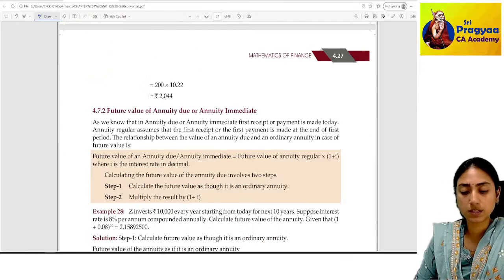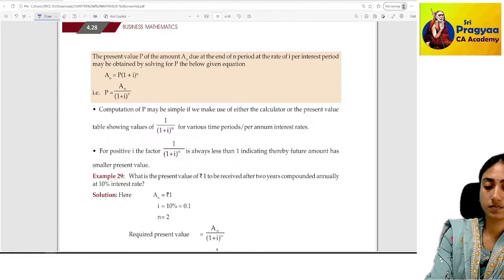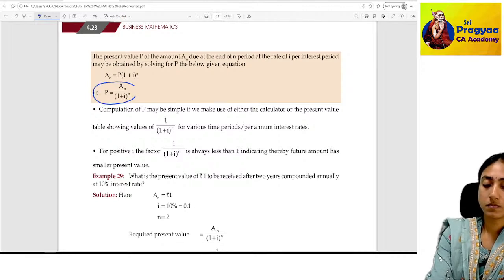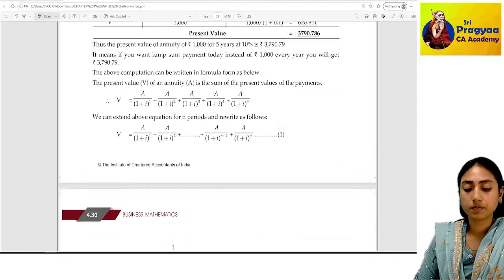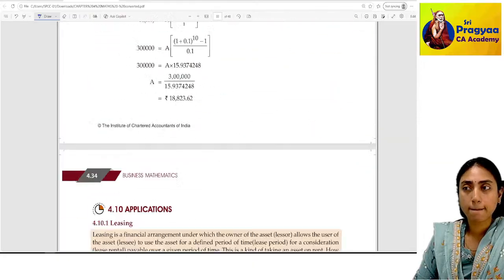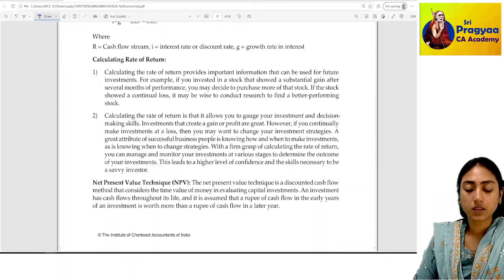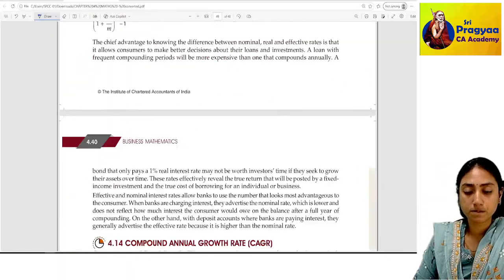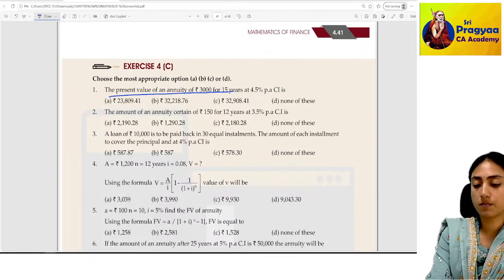So let's look into one example. Present value is given by this. Whatever is my amount, that divided by 1 plus I power n. That will give me my present value. Okay, ma? Say for example, what is the present value?